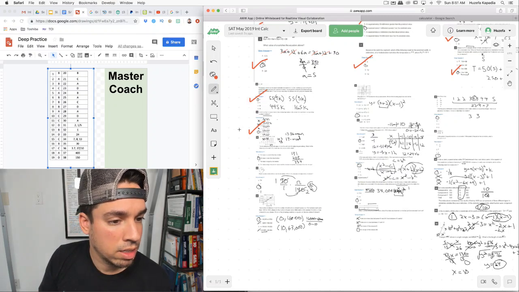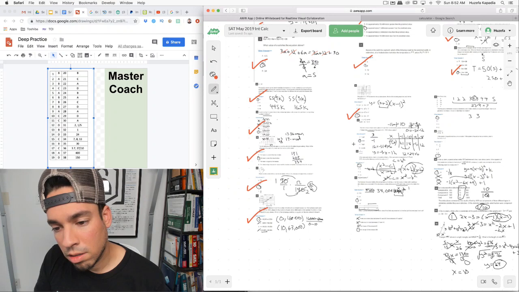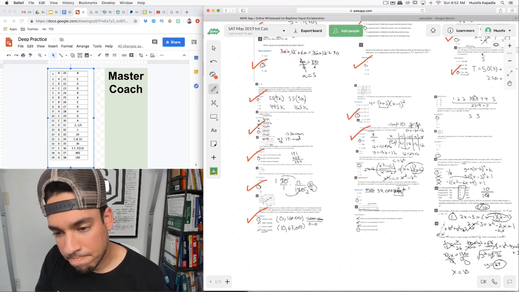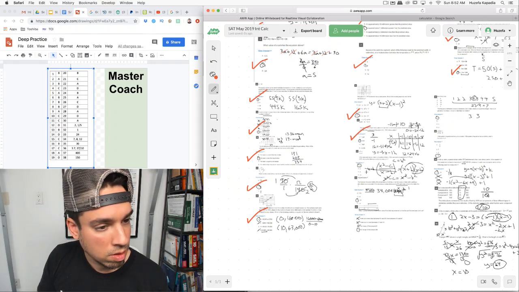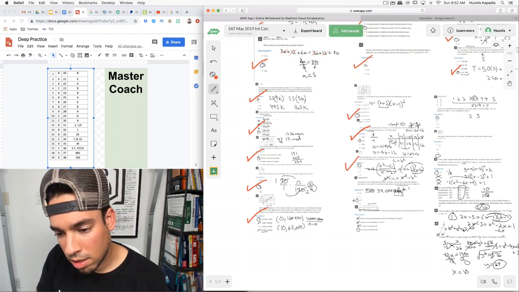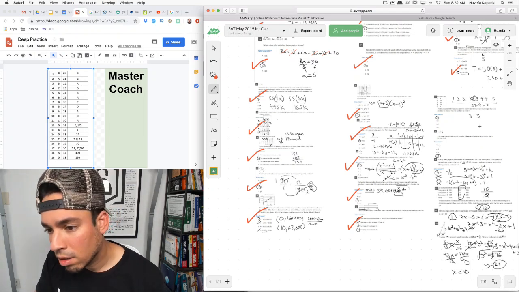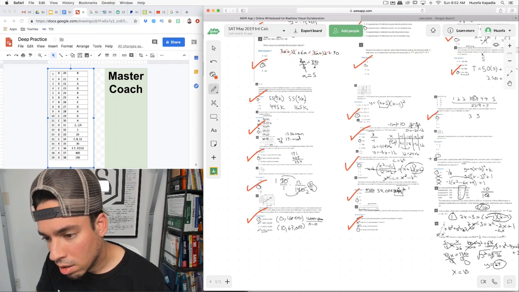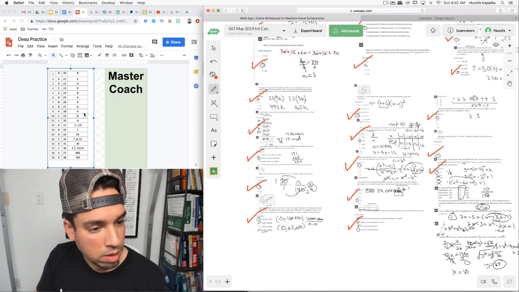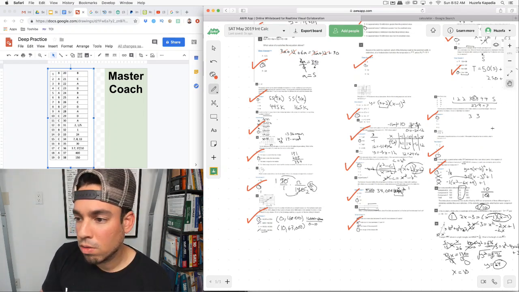B, C, A, D, B. And then it's A, C, D, A, D, A. Shoot, I left one blank. Oh, no, I didn't. A, D, A. All right, good. Now we got to the free response. Here we go.